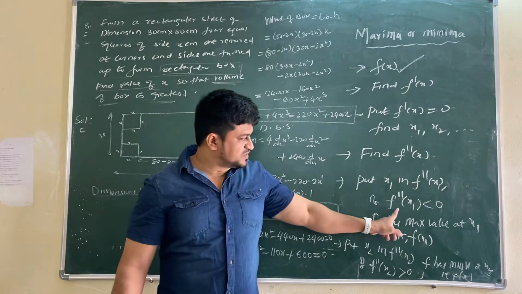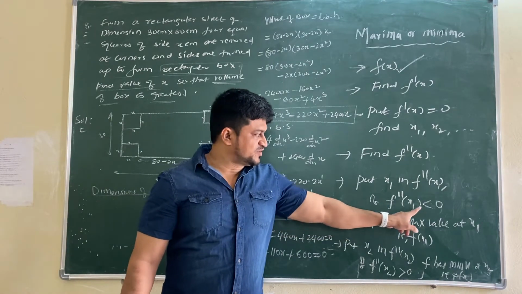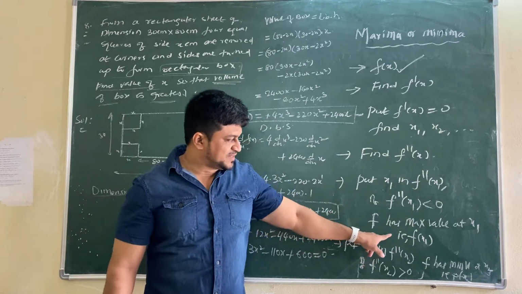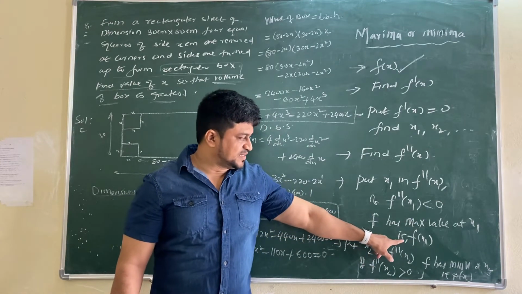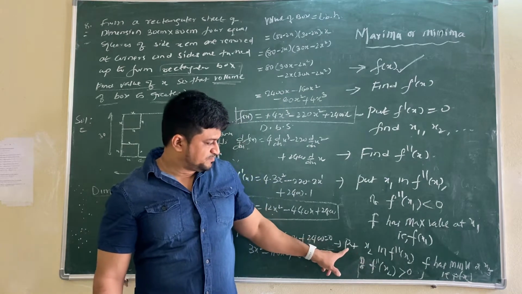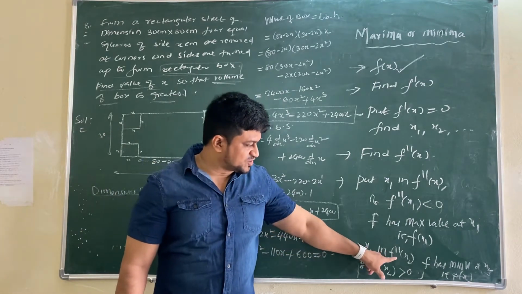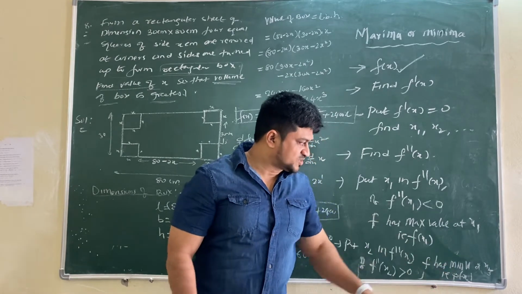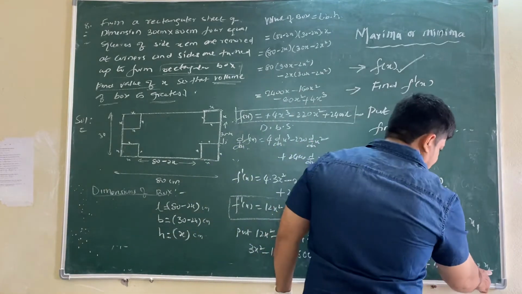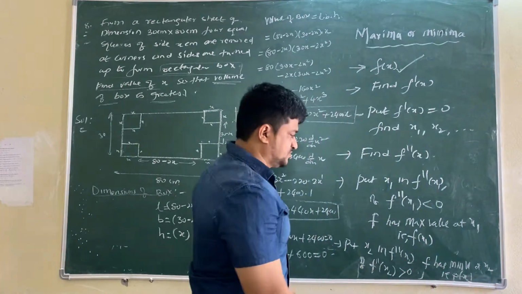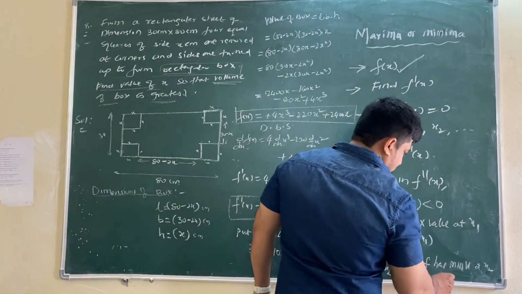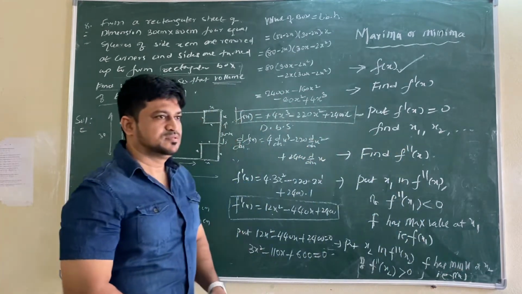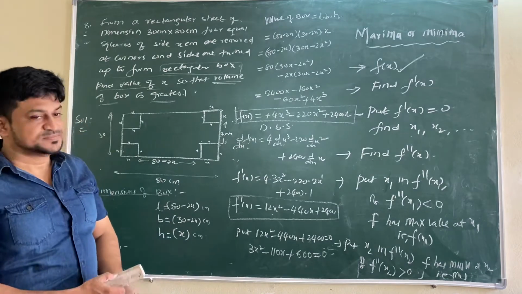If f double dash of x1 is less than 0, f has maximum value at x1, that is f of x1. Put x2 in f double dash of x2; if it is greater than 0, f has minimum value at x2, that is f of x2.